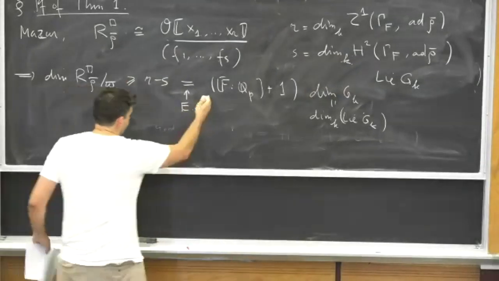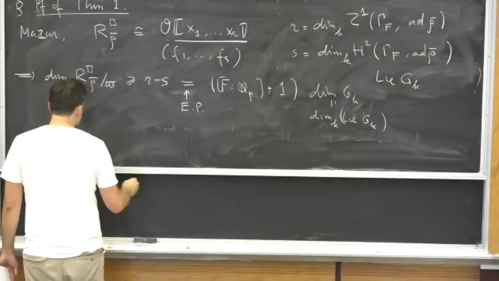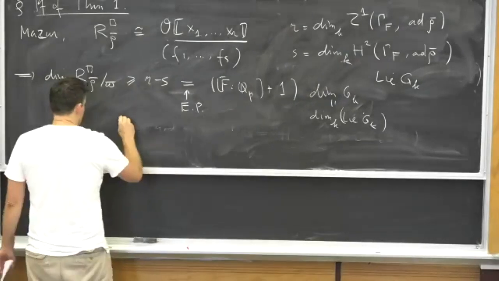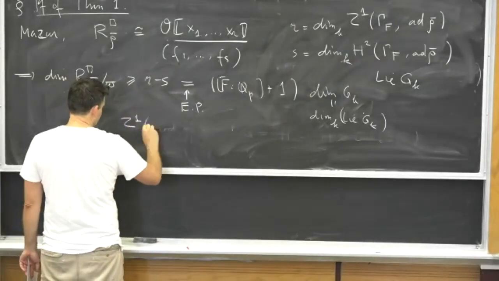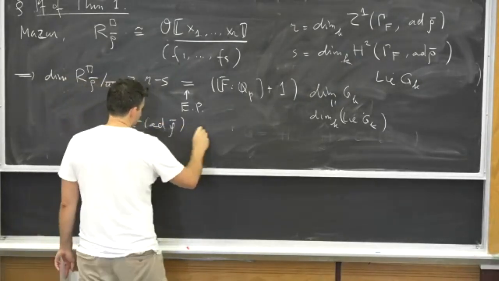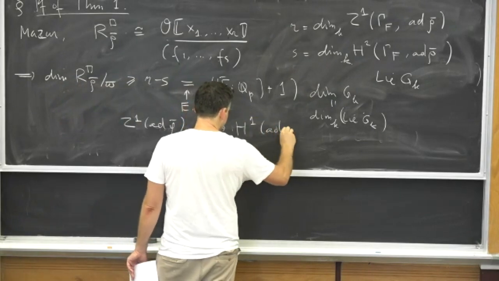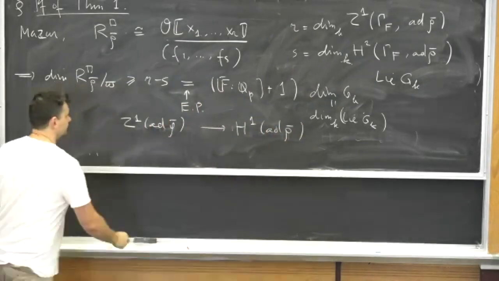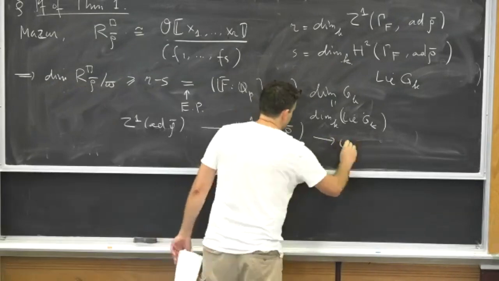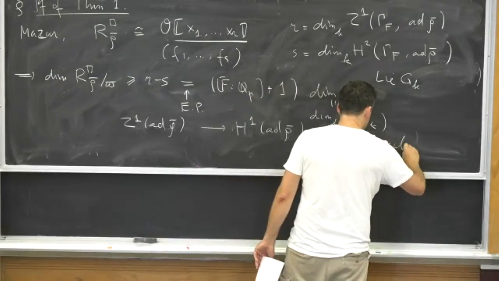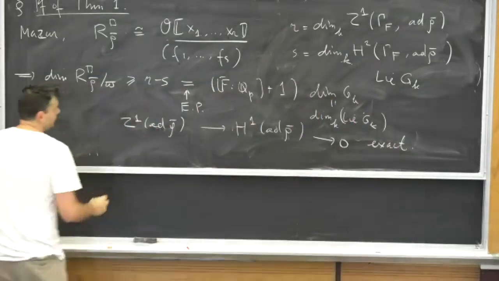Right, so we have an exact sequence, we have cycles, and we can map them to homology.